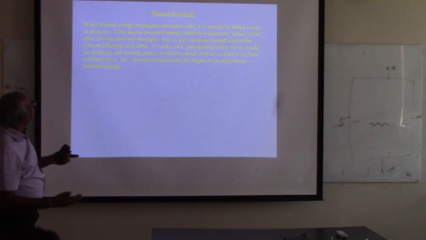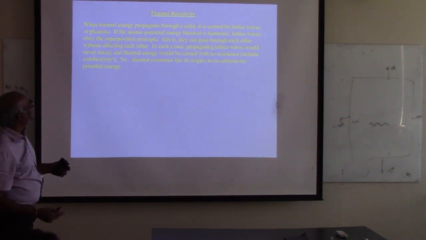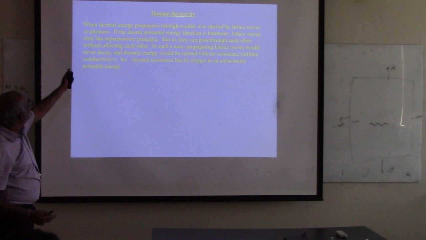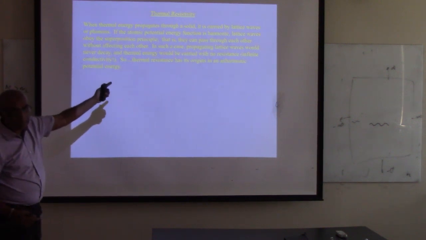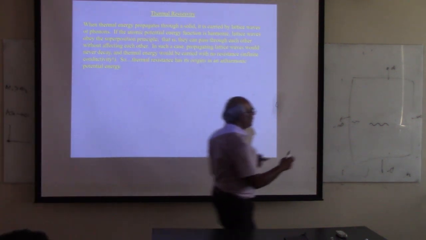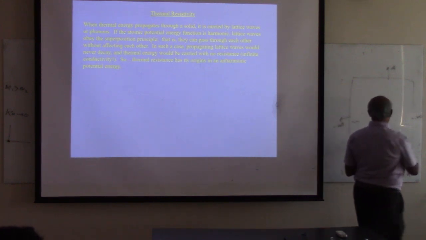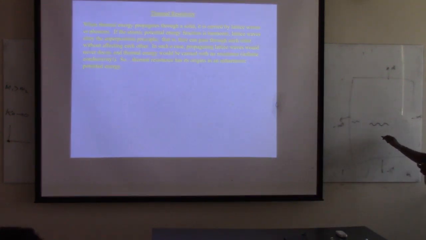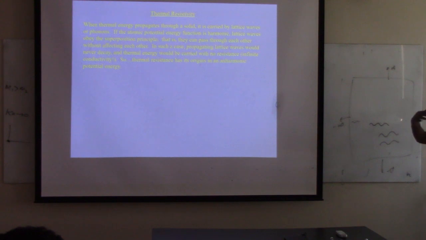If the atomic potential energy function is harmonic, lattice waves obey the superposition. So harmonic means you have these waves coming from these different phonons, right? So they can superimpose. When you superimpose, what happens? The effect becomes stronger, right? That's what superposition means.